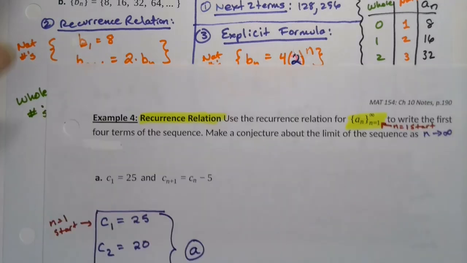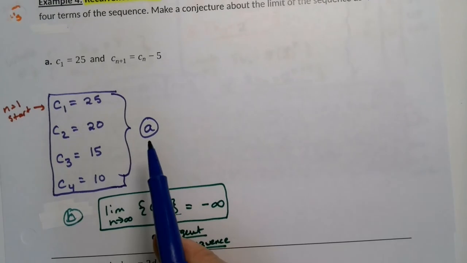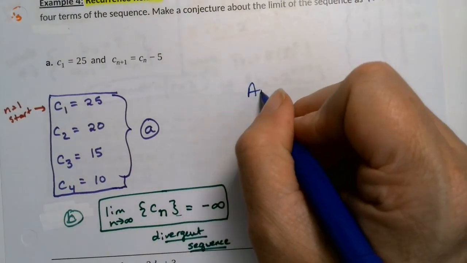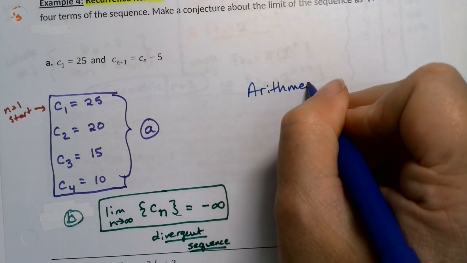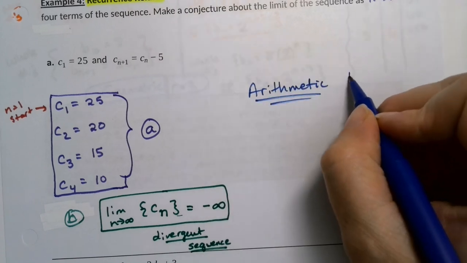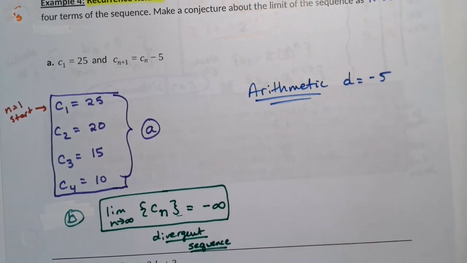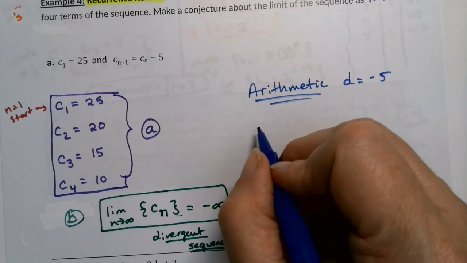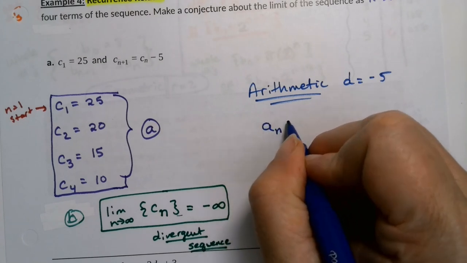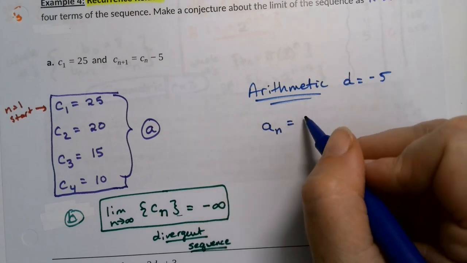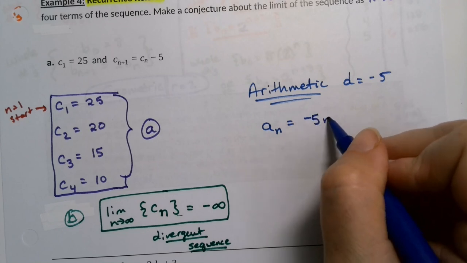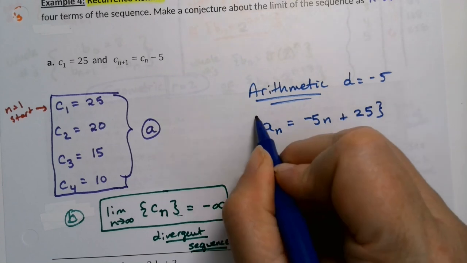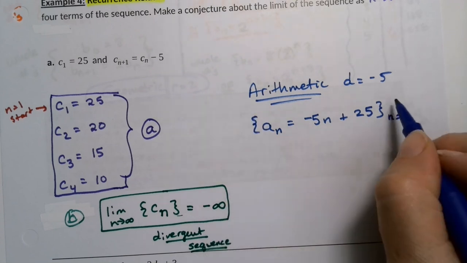Doubling back to the previous example, just like I promised I would, you can see that this particular one, we didn't ask it at the time, it's arithmetic. And you can see that your difference is -5. You're subtracting 5 as you move down, which means that a sub n is equal to -5n plus 25, right, from n equals 1.